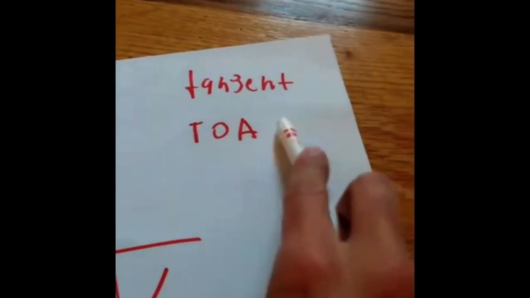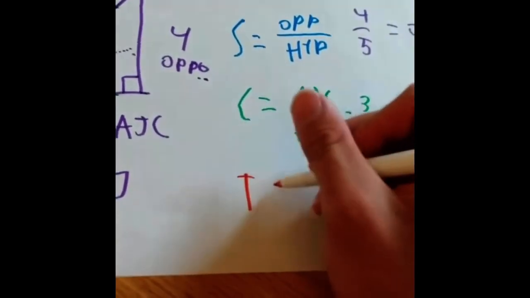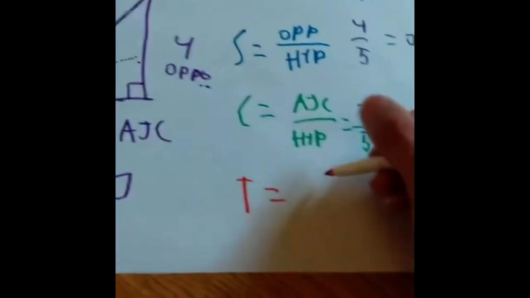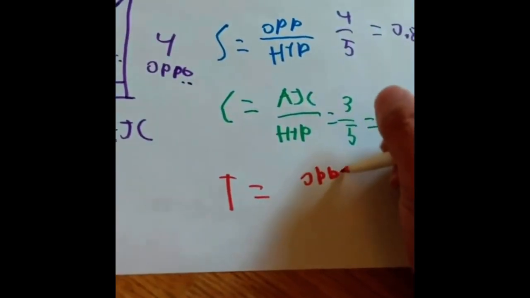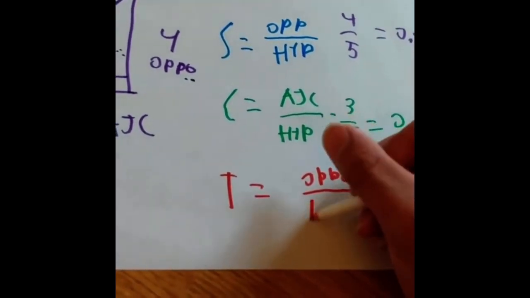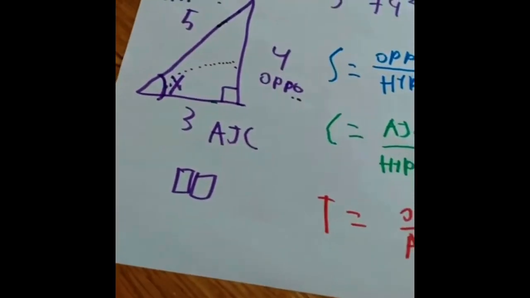Now comes my favorite, the tangent. The formula for tangent is the opposite, which is this line, the height, divided by the adjacent, which is this bottom line.